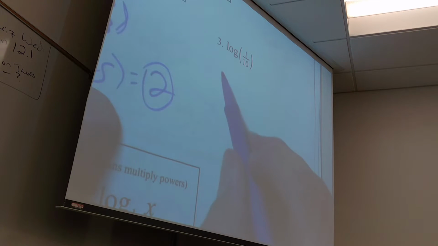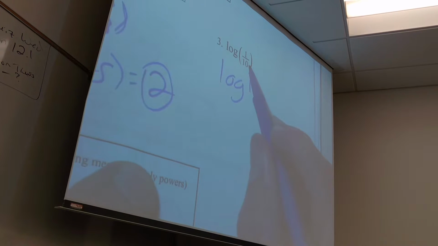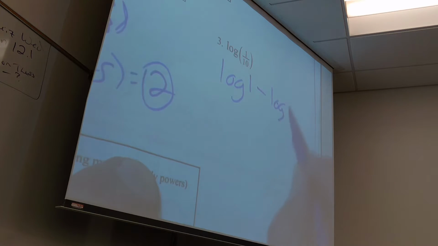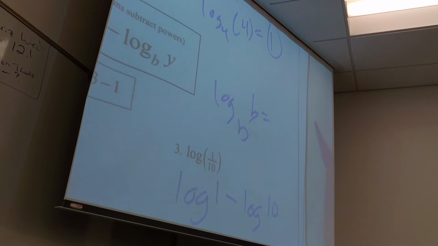This one's kind of funny. I love this one. So log base 10 of 1... Keep going. Minus. So what's log anything of 1? 0. Log base 10 of 10? 1. What do you raise 10 to get 10? Itself. So what's log base b of b? 1.